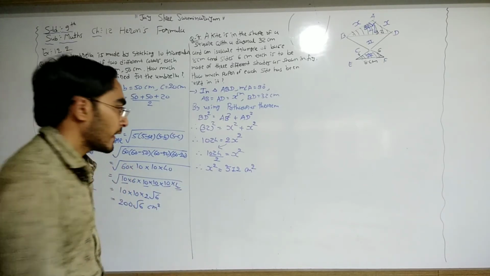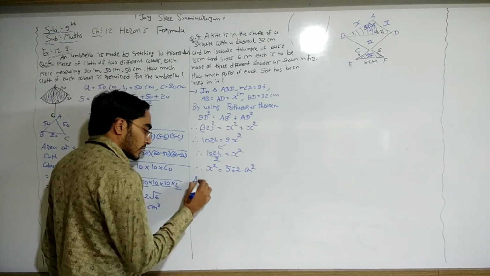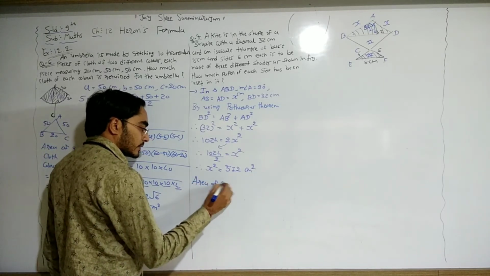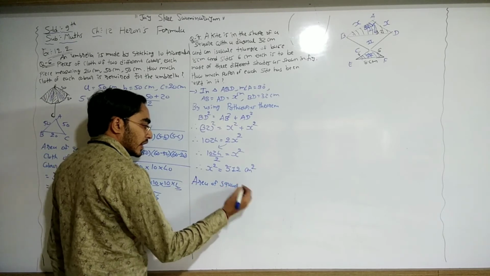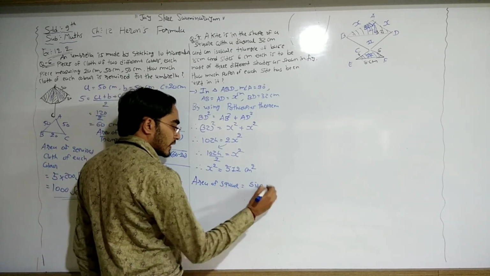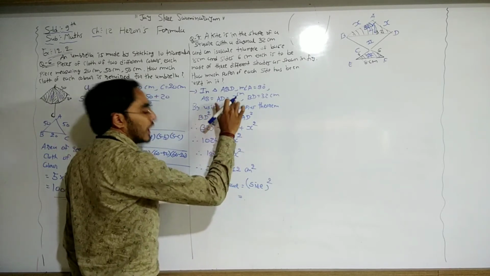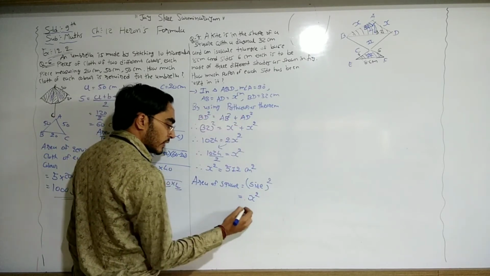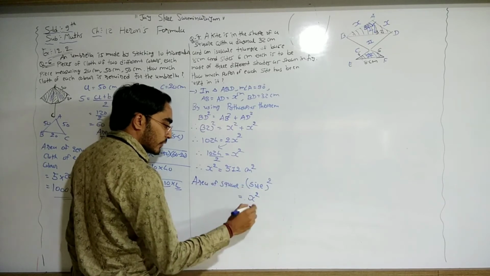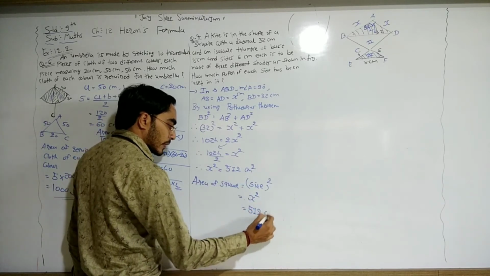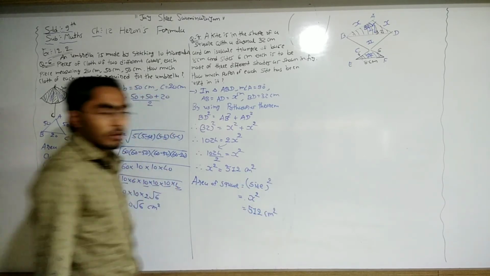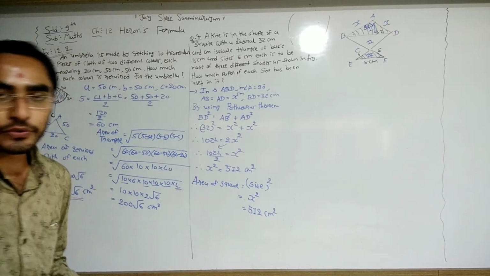Now why? Because I know that area of square is equal to side square. Side right now I am assuming is x. So x square, so x square directly 512, because I want x square, not x.